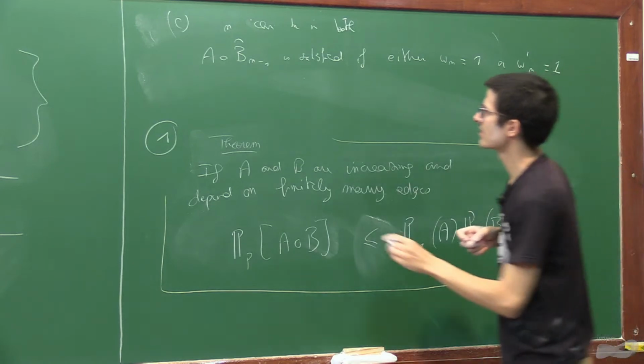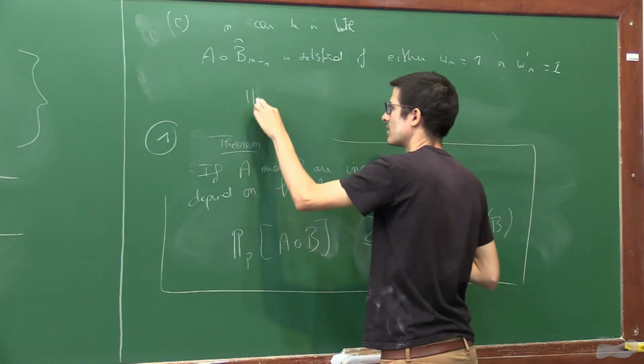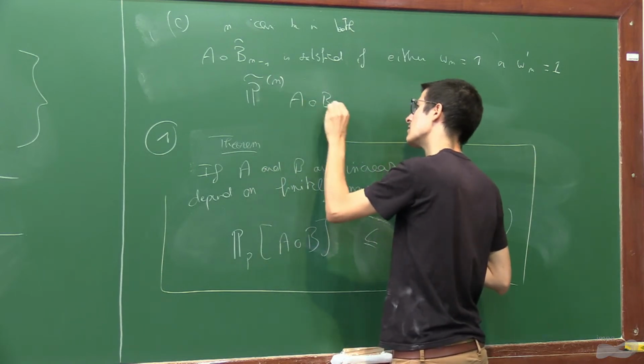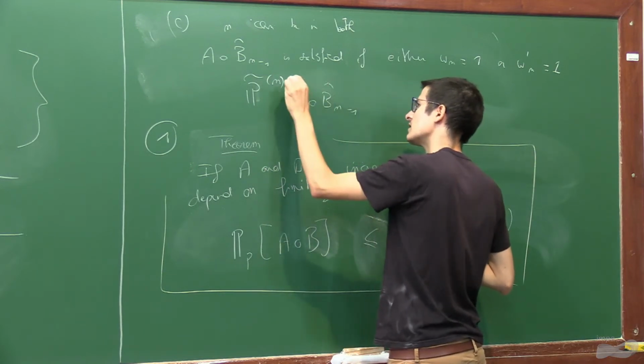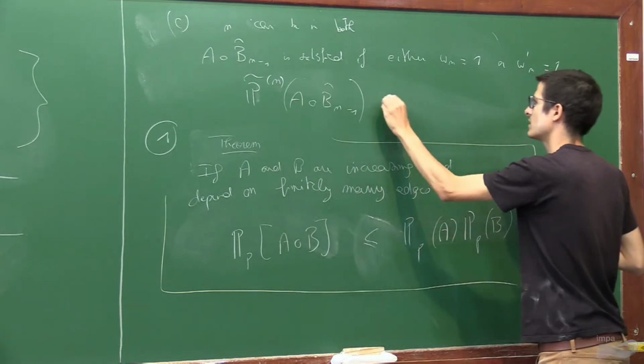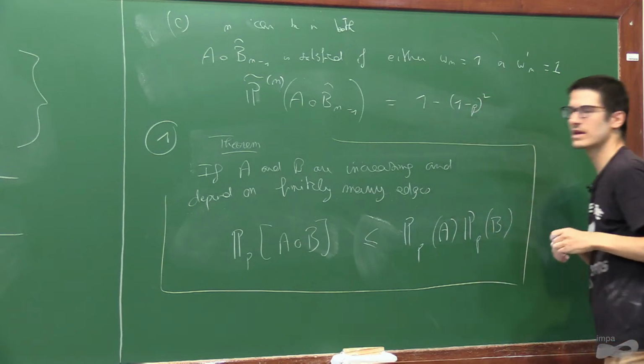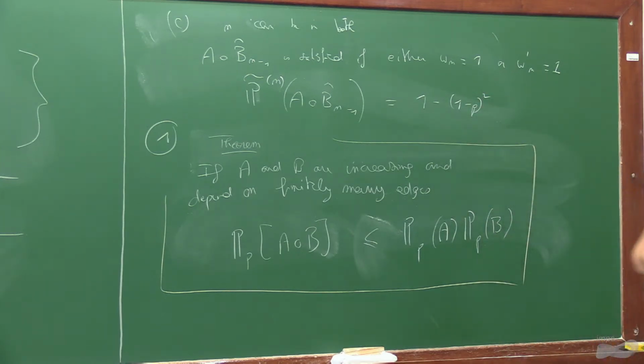In which case I have that Ppn is equal Bn minus 1. This is equal to 1 minus P squared. It's the probability that I have at least one open edge.